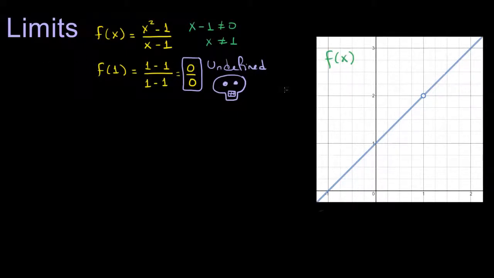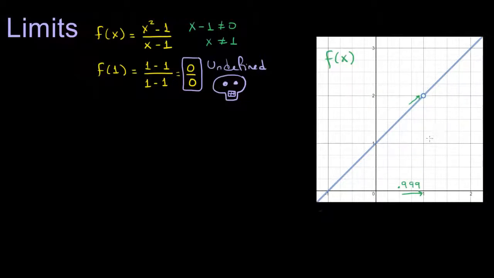The limit is based upon the question: what would happen if I get really close to the number 1 but without touching it? For example, if I input a value that is not 1 but very close to 1, say 0.999, which is nearly 1 but it's not 1, I would get something really close to the actual value of 2.